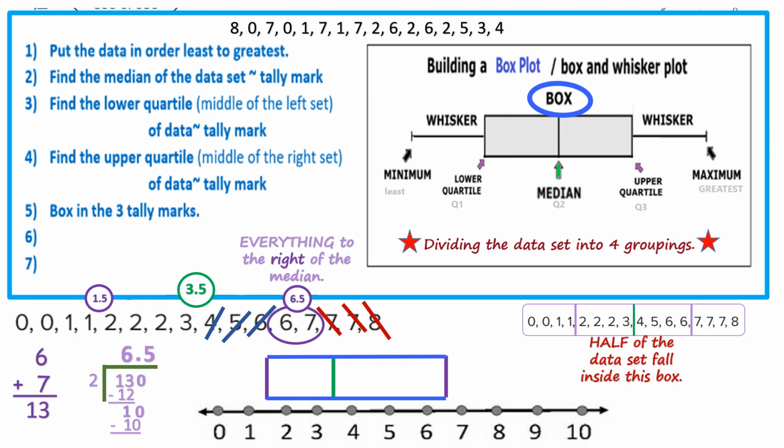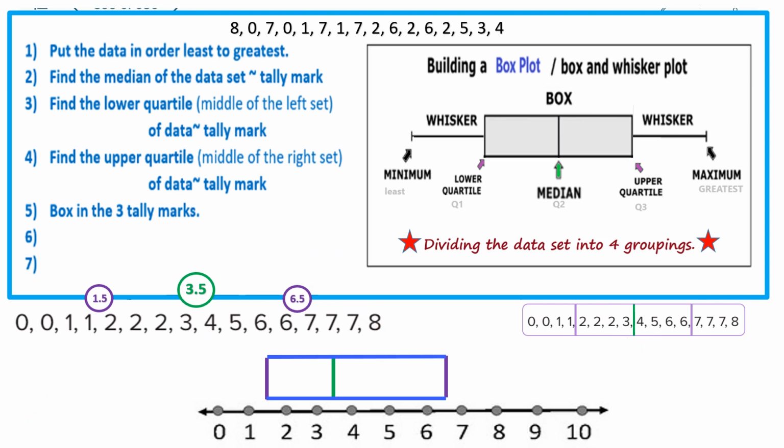So my last 2 steps then, as I'm looking at it, is called the Whiskers. That's why it's sometimes called a box and whiskers plot. I just call it a box plot because that's what I've always known it as. But the whiskers come from being able to identify, as this image says, the maximum and the minimum, or the least and the greatest.